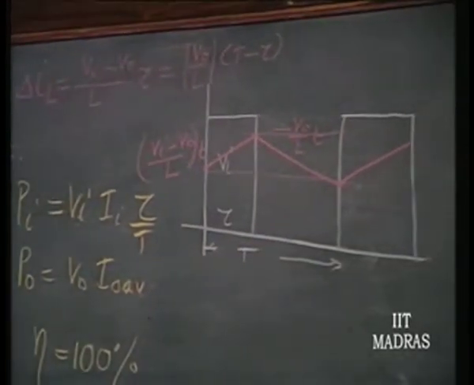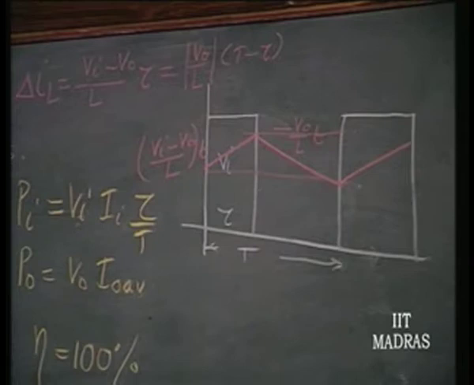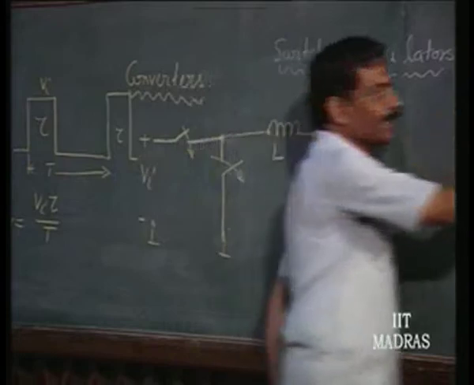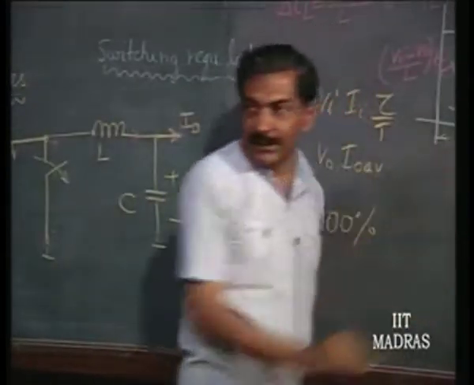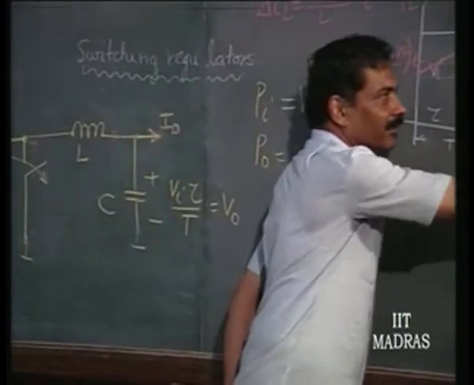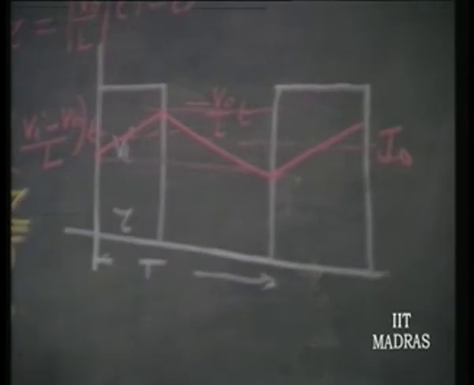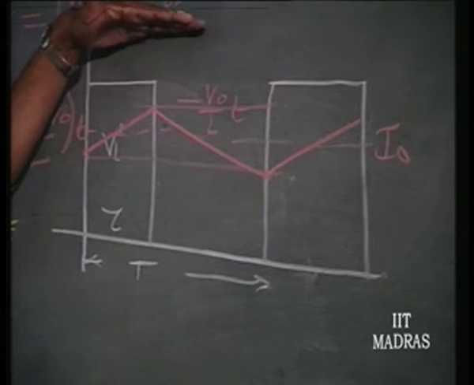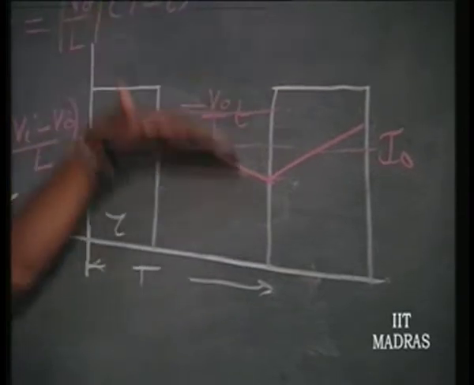The other current is negative only. Please understand this, current is I naught. Where is this I naught flowing? Through this. This DC current cannot flow through the capacitor. So, there is an average current in this which is I naught. Around the average current, the current is increasing above it by a certain amount and decreasing.